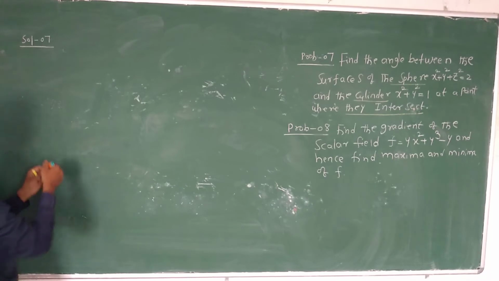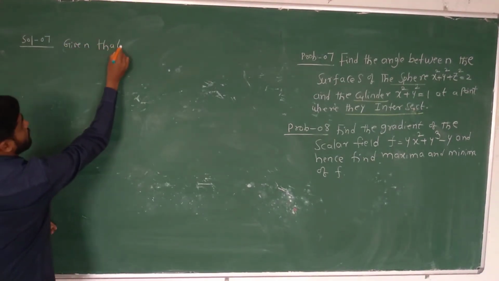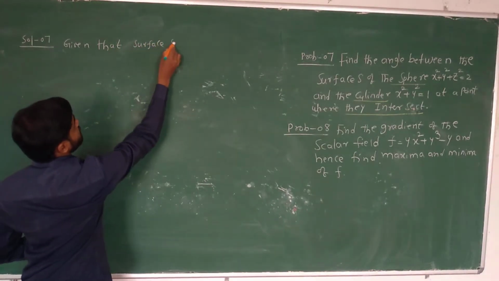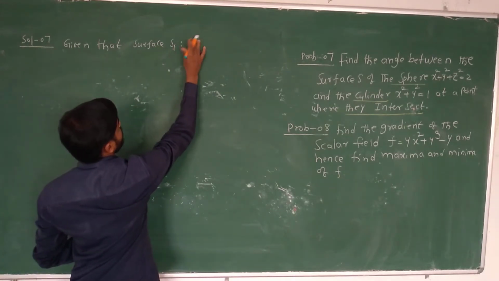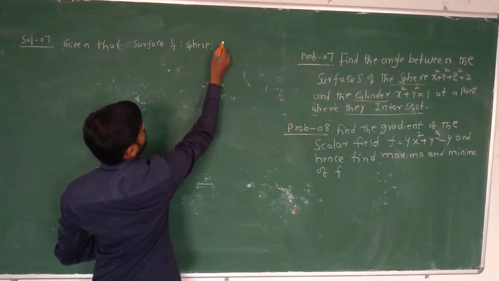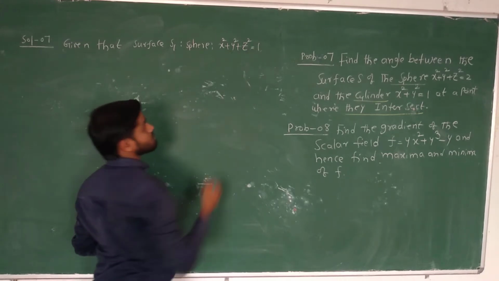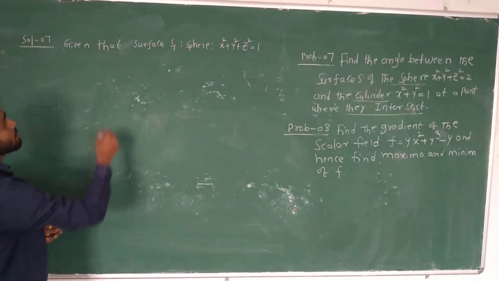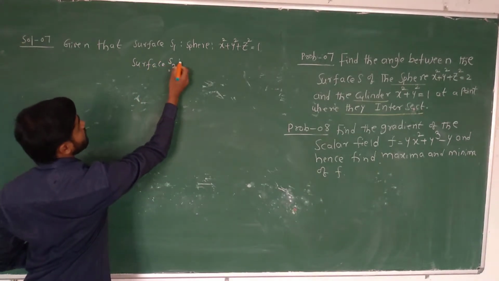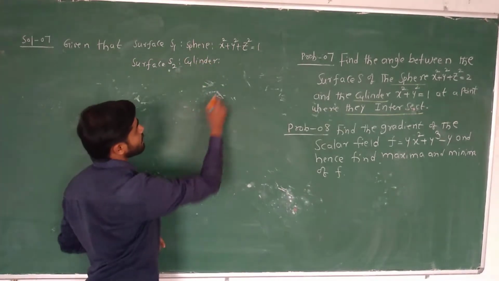Given surface S1 is the sphere, x square plus y square plus z square equals 1, and surface S2 is the cylinder.